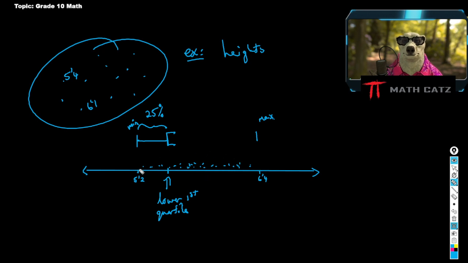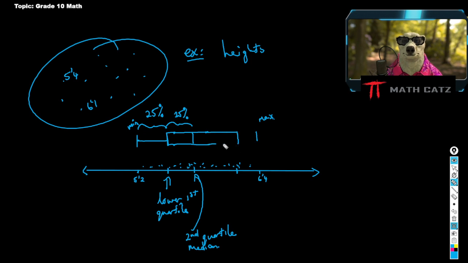And then I'm going to go all the way halfway, maybe it sits over here. They're not evenly spaced. We're going to extend our little box and put a line there where the next 25% sit. That is called the second quartile, but the more common name is the median. And let's suppose our next 25% is a little bit further.